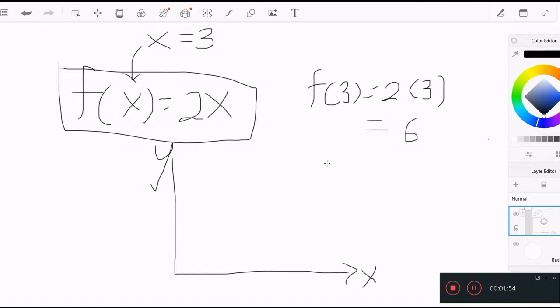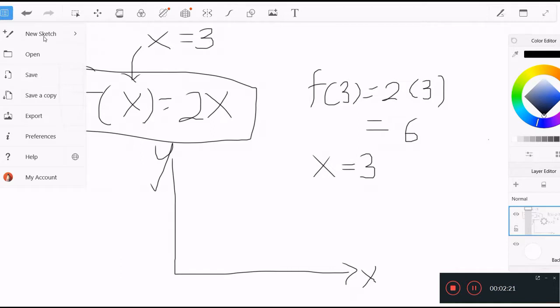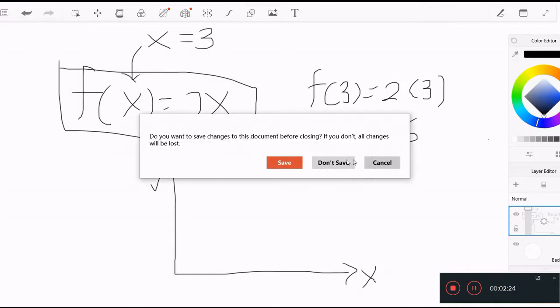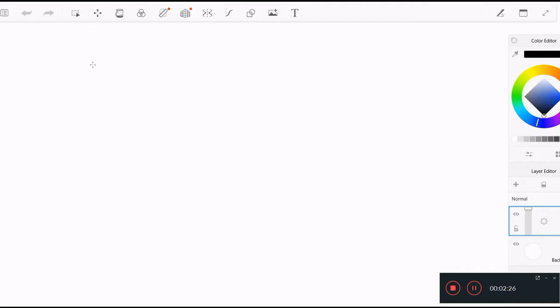So from here, the 3 is the input, and this is also what we call the domain. The answer that you get from the input you put into the function is called the output, also called the range. I will just go through a very brief explanation because this is not a theory class. So I will explain the types of linear functions.